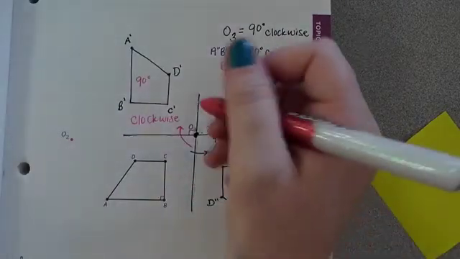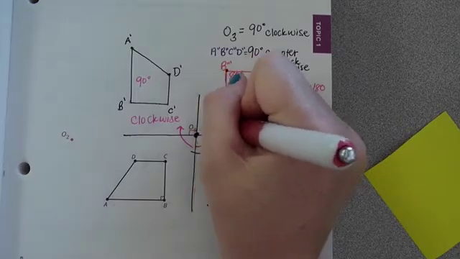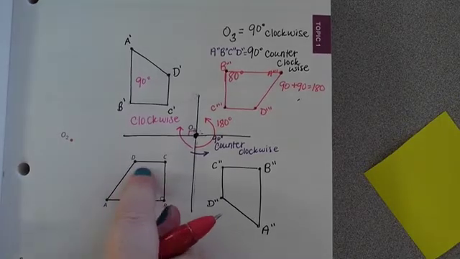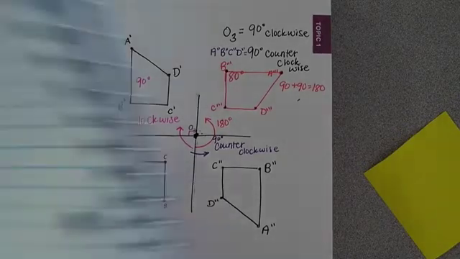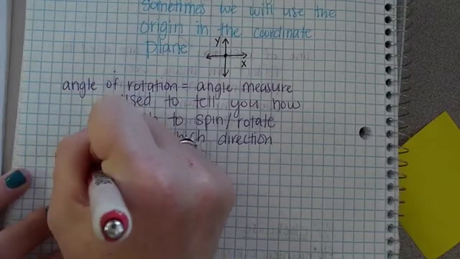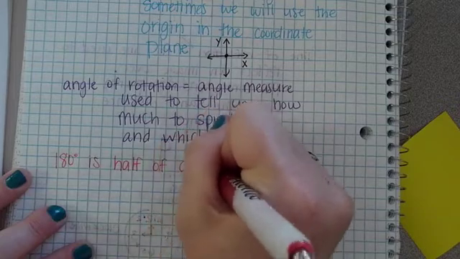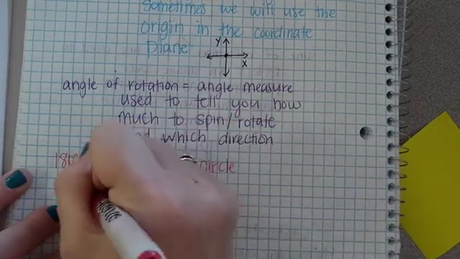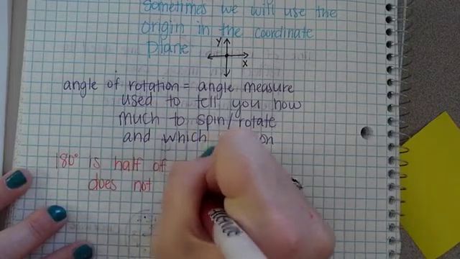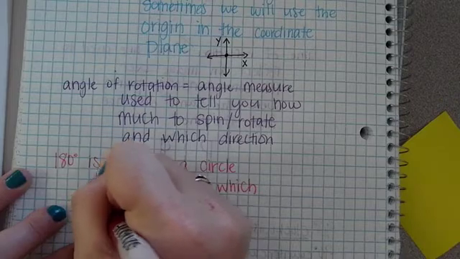So this one was 180 degrees, 180 degrees from the pre-image. So I'm going to write that down. So 180 degrees is half of a circle. Does not matter which direction you turn.